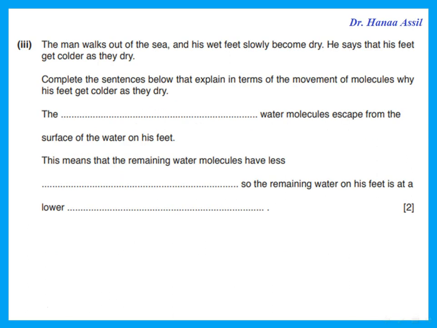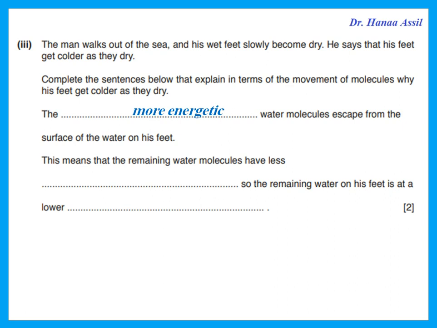The man walks out of the sea, and his wet feet slowly become dry. He says that his feet get colder as they dry. Complete the sentences below that explain, in terms of movement of molecules, why his feet get colder as they dry. Of course, as they dry, that means the water evaporates. So we're talking about evaporation here, and we said when water evaporates from liquid to gas, the more energetic water molecules on the surface of the water will escape.